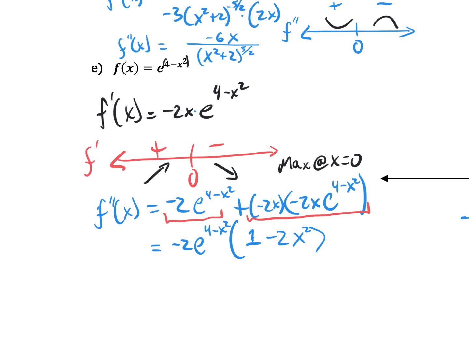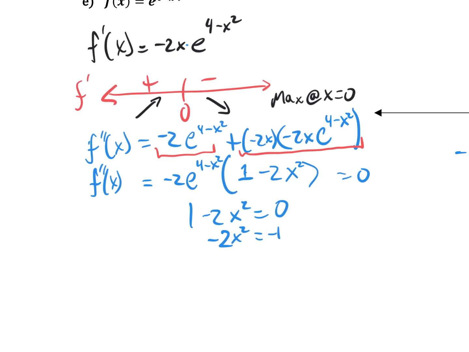Okay. And we want to find our concavity here. So we set that equal to 0. What makes this 0? Will the first part ever be 0? Well, no, because e to any power is always positive. Can the second thing be 0? I think it can. So 1 minus 2x squared equals 0. Subtract 1.